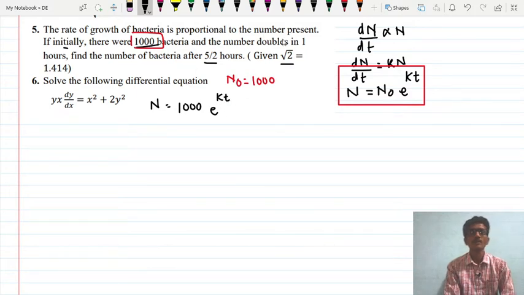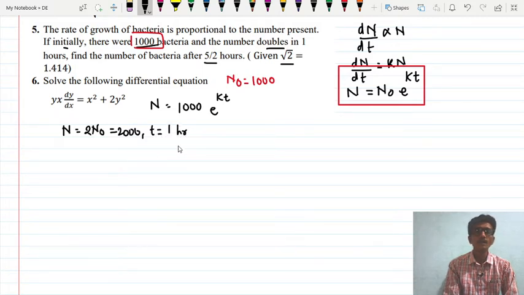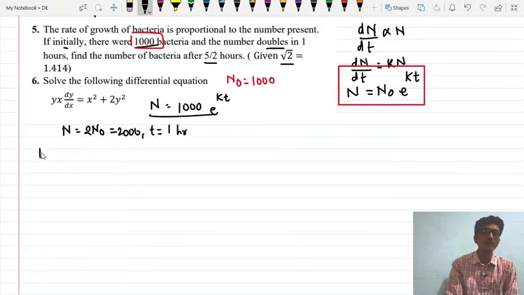Now further, this number doubles in 1 hour. That means N is equal to 2 times N0, meaning 2000, in time t equal to 1 hour. In this equation we put this, so here N is equal to 2000.